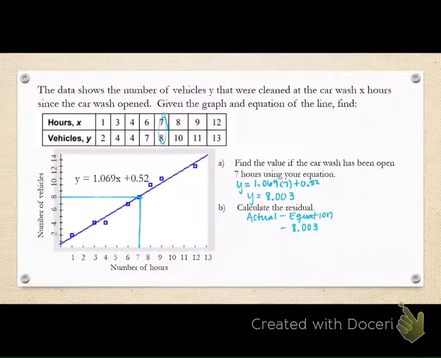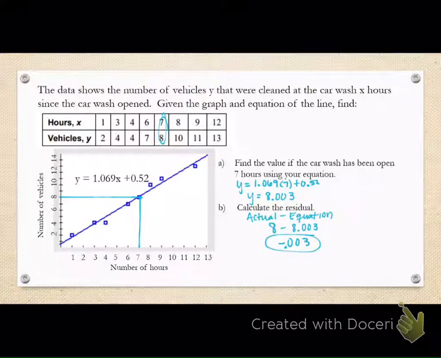So if we get that, we get negative 0.3. So that's basically 0. Yeah, it's basically a 0 there. The residual being right on top is good.